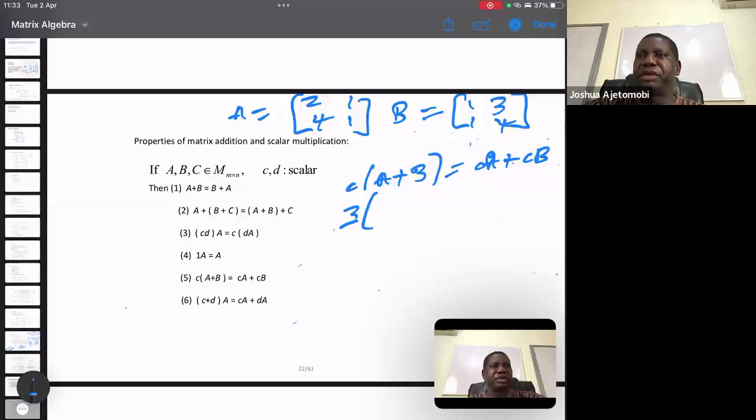3 into our A plus B, this will give us 3, 4, 5, 5. And this will give us 9, 12, 15, 15.